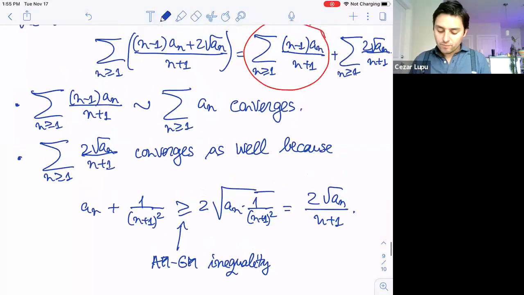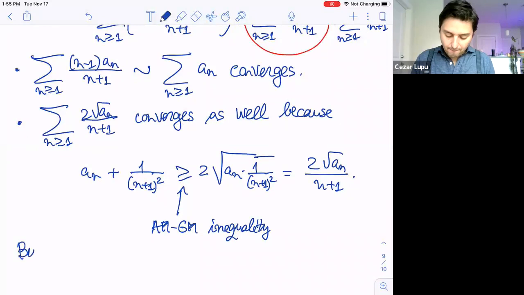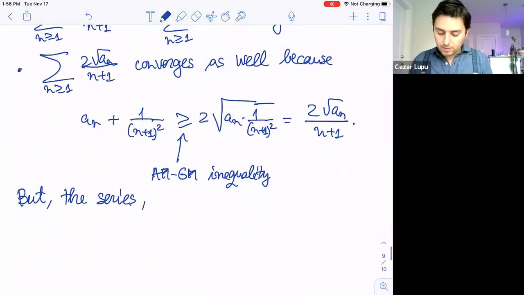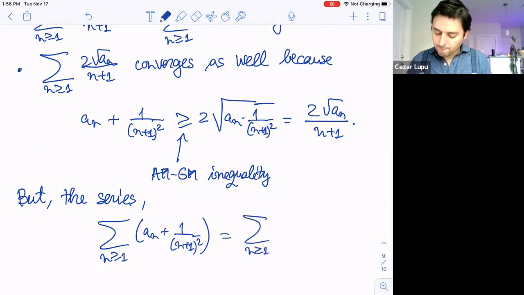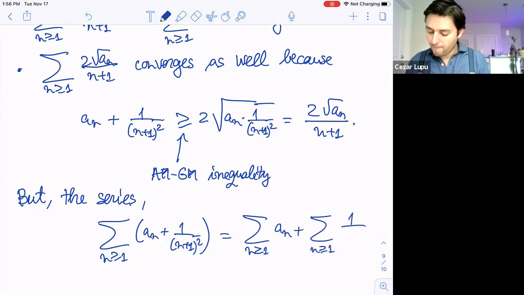But now, the series, the sum of a_n plus 1 over (n plus 1) squared, is nothing else than the sum of a_n plus the sum of 1 over (n plus 1) squared.